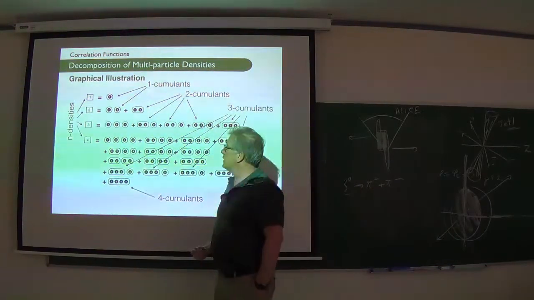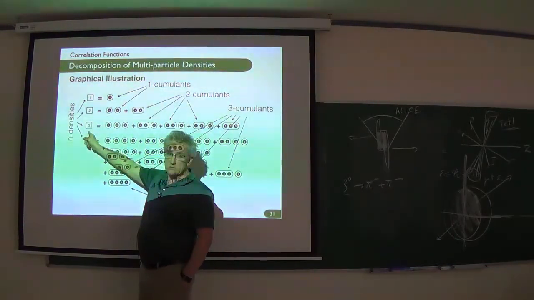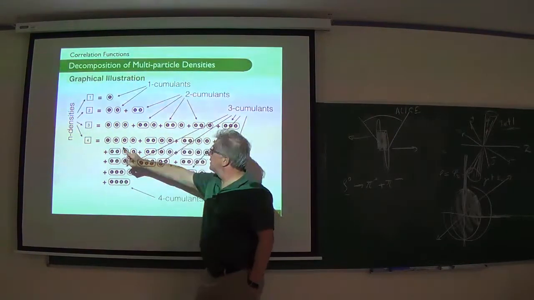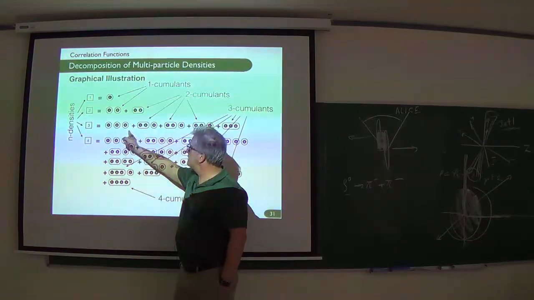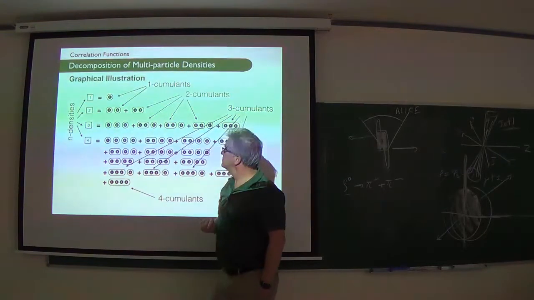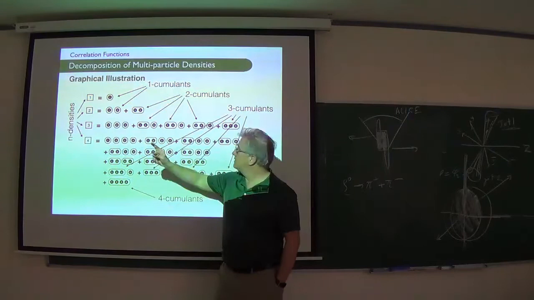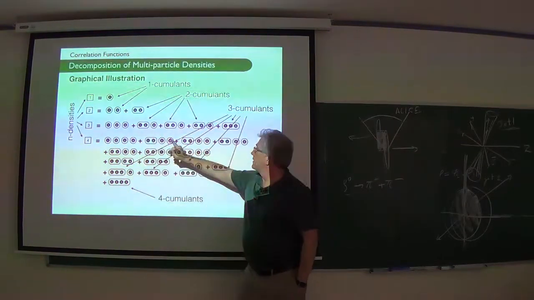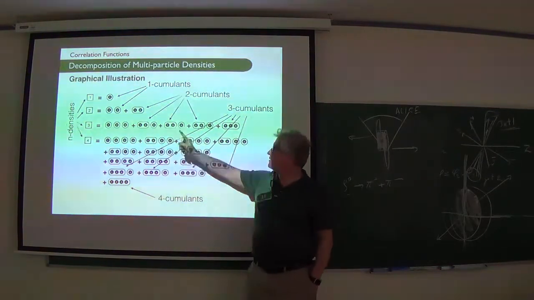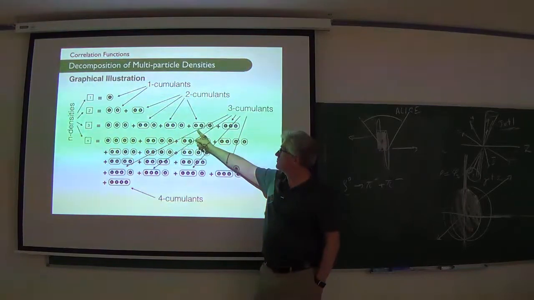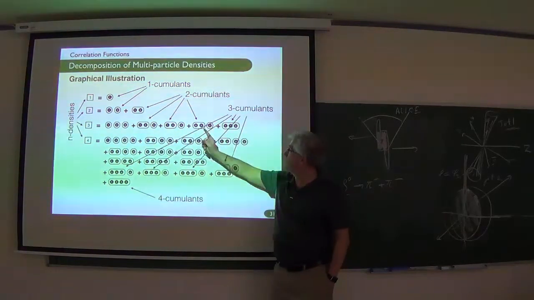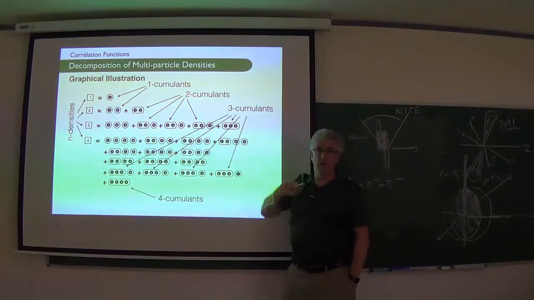Going to a collection of three particles, I can have three independent particles being produced. I could have particle 1 and 2 correlated but independently of 3. I could have 1 and 3 correlated but independent of 2, and likewise 2 and 3 correlated but independent of 1, or all three could be correlated.